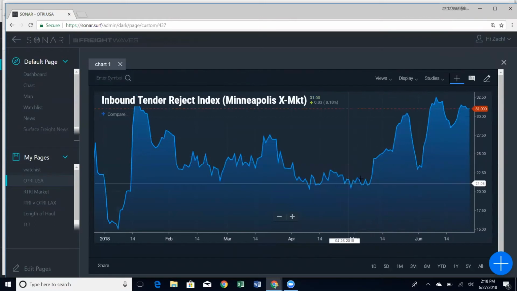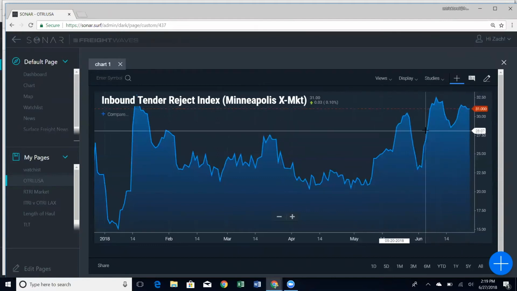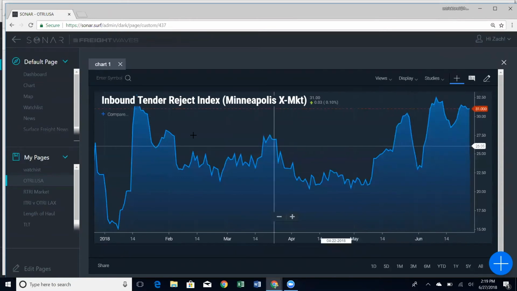And as you can see, as the market has lowered its capacity, Minneapolis ITRI has really suffered because there's not much coming into Minneapolis on the west side. You've got the Dakotas and the Plains, and then Canada to the north. They don't really cross the border there in Minnesota. So it's kind of left out on the edges, and these inbound markets suffer quite a bit.